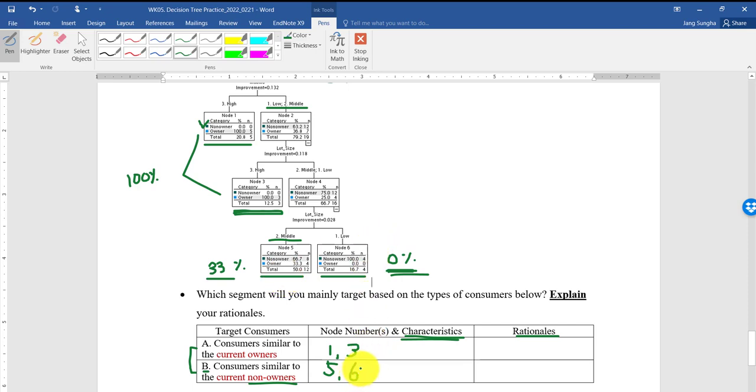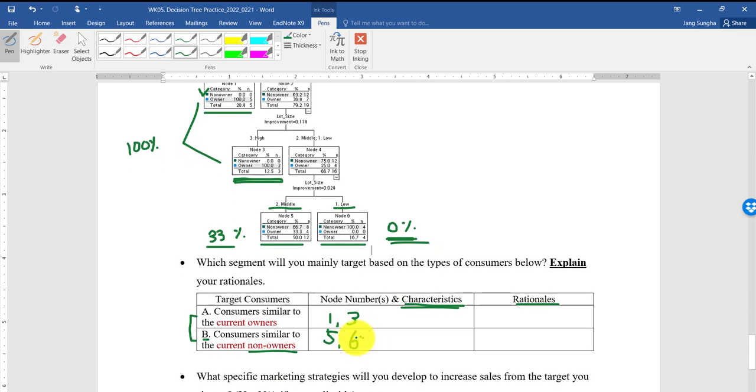But how about node 6? They are kind of poor, and their lot size is low, actually low only. Simply they are poor and they don't need a riding mower because their lot is so small.